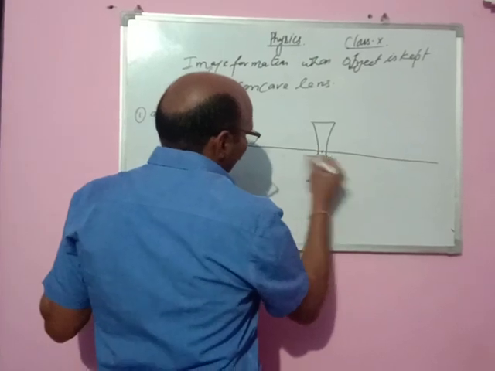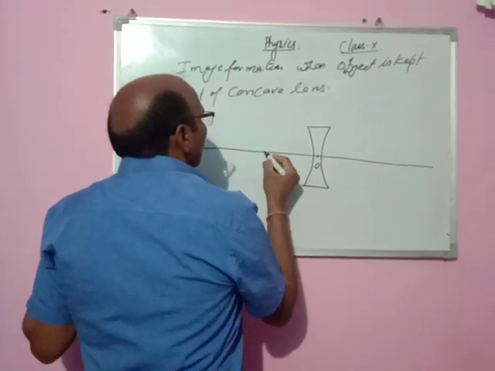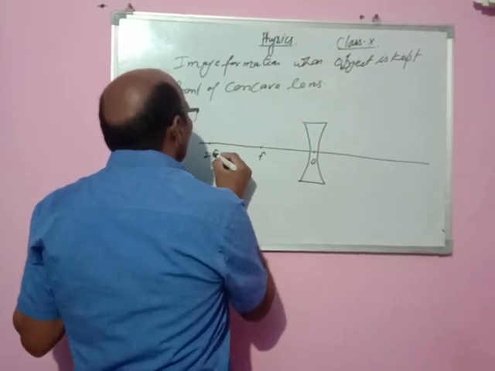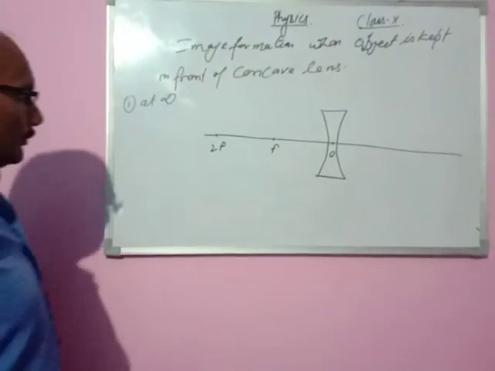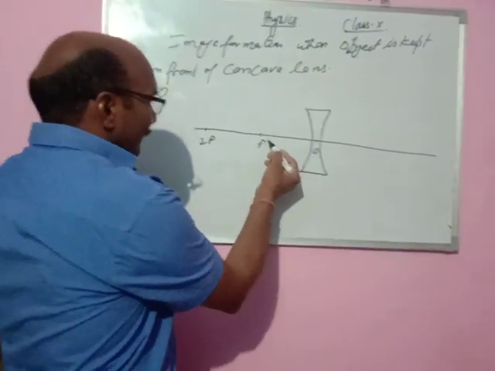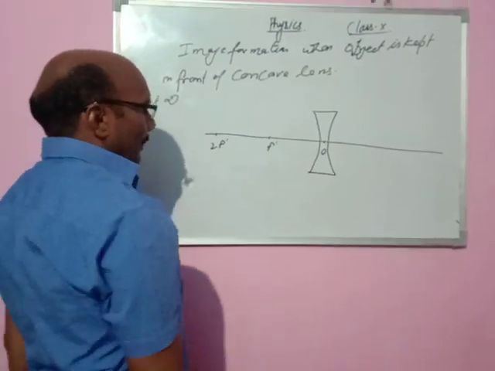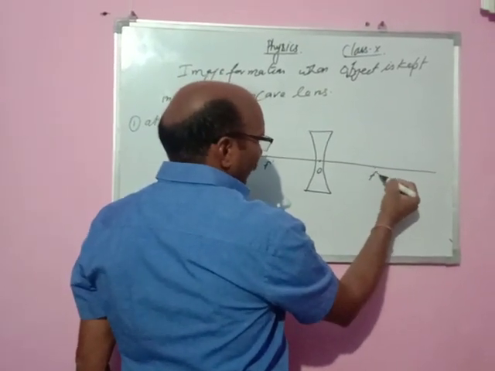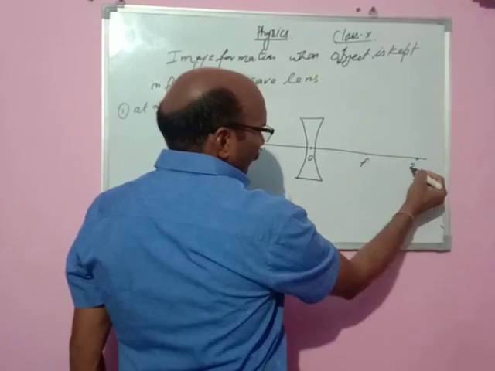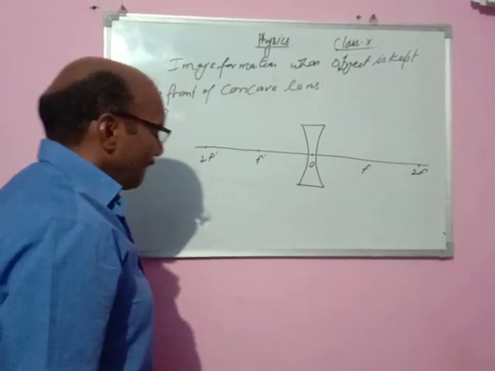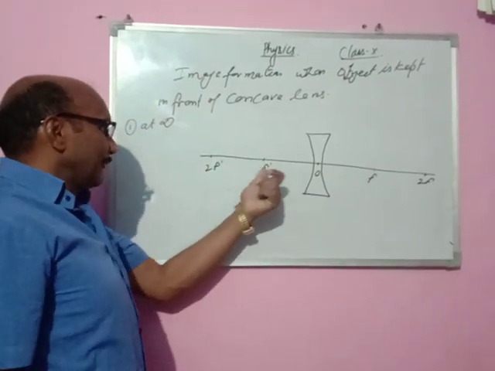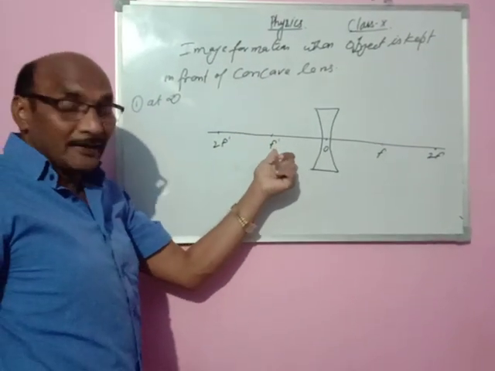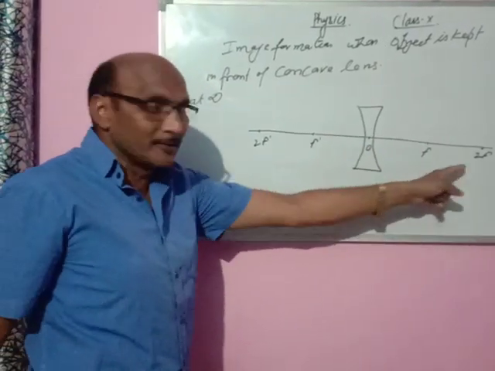This is O. Now this is F. This is 2F. This is not only F, this is F dash, and this is 2F dash. I have discussed about these F or F dash or 2F dash. I hope you have understood why I am giving the name as F dash, 2F dash. In case of convex lens, I had written here F and 2F, and this is F dash and 2F dash.